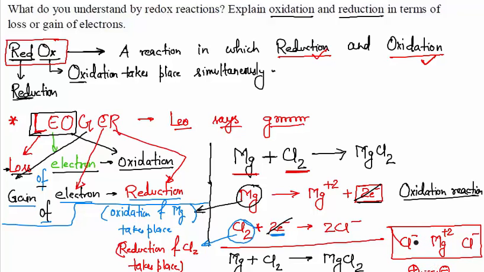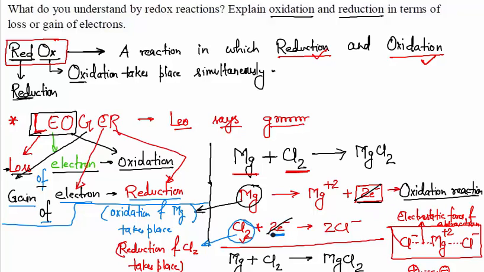So this Mg2+ is attracting this Cl minus, as well as attracting the other Cl minus. This attraction is known as electrostatic force of attraction.